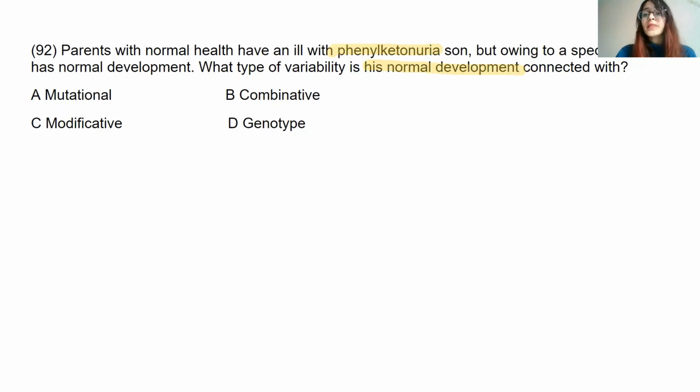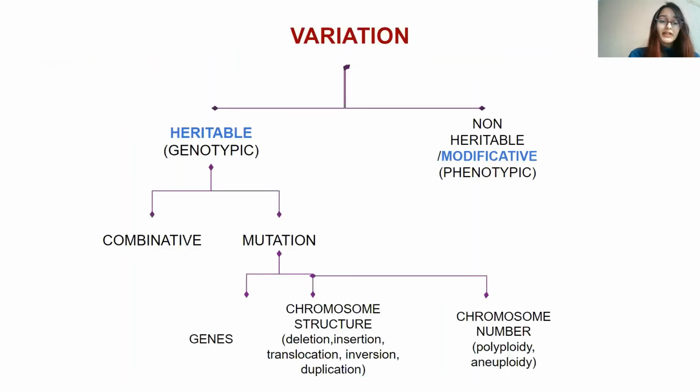This normal development is not heritable because it is not changing his genes. So here the answer is modificative variability, because if you see in the previous slide, non-heritable means modificative.